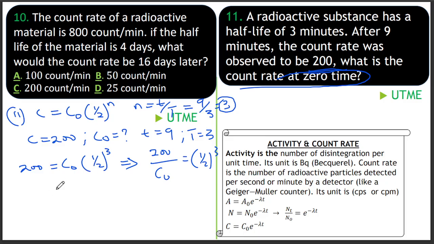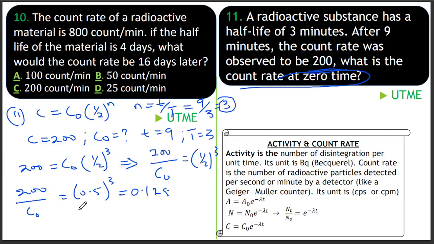Is that okay? All right, so this is 200 over C naught. If you punch this, 0.5 raised to power 3, this should give us 0.125.